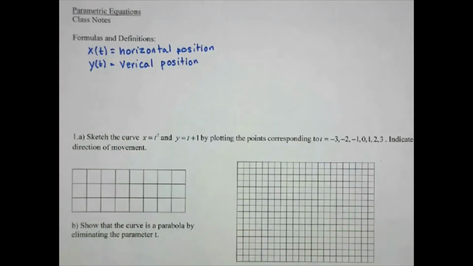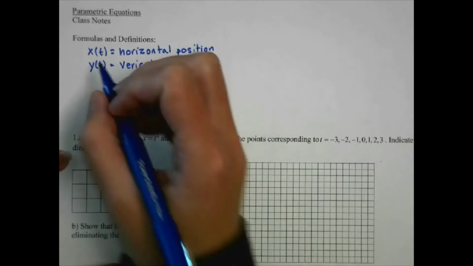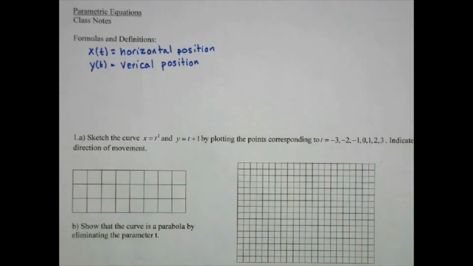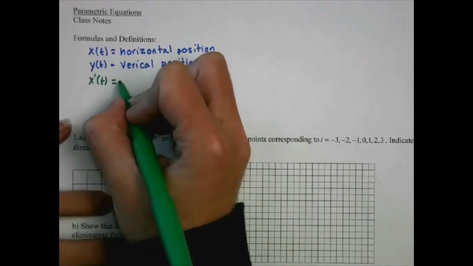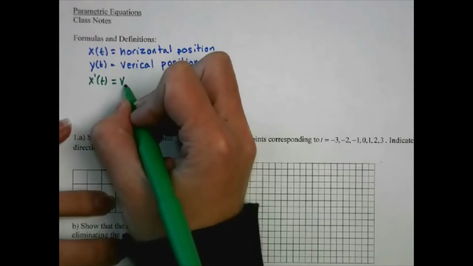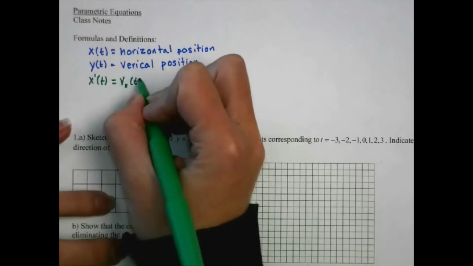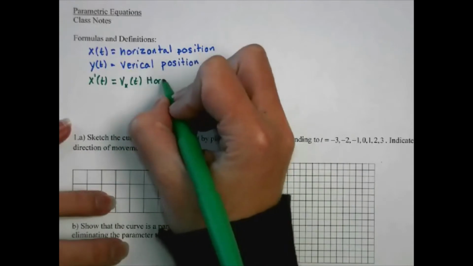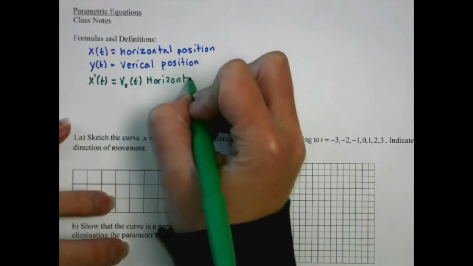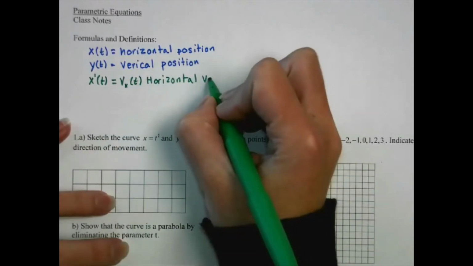So if you take the derivatives of those, the derivative of x is going to give you the velocity in the x direction. So this is going to be your horizontal velocity.